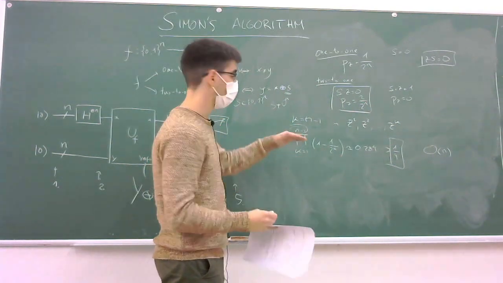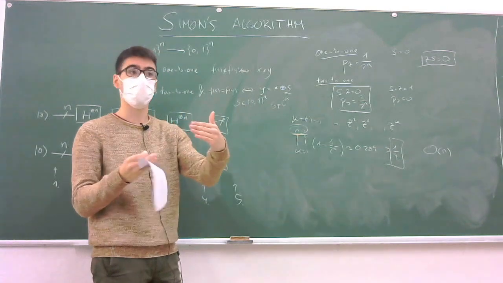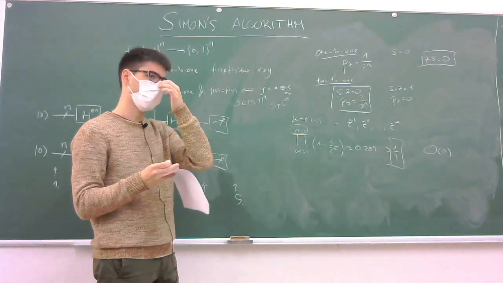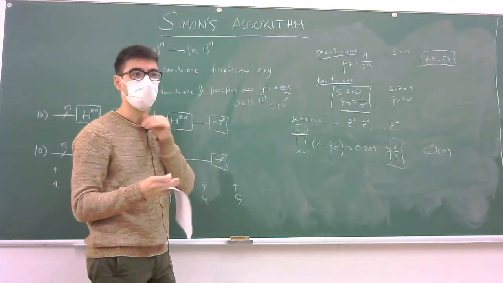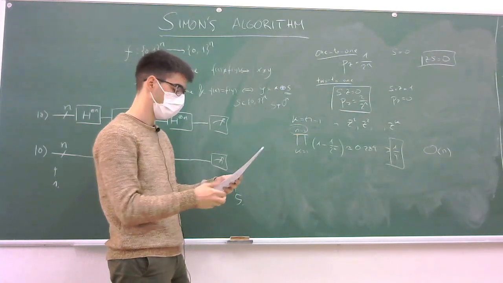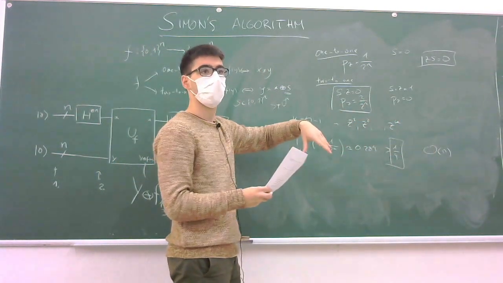So the amount of measurements that you have to take to succeed with a fixed, or bounded, probability is in the order of n. There are n oracle calls involved, more or less. You can be more detailed in obtaining the actual bound, but this gives you the idea. Okay.